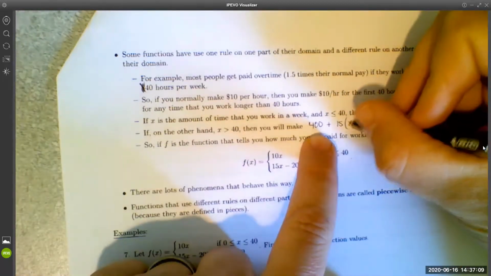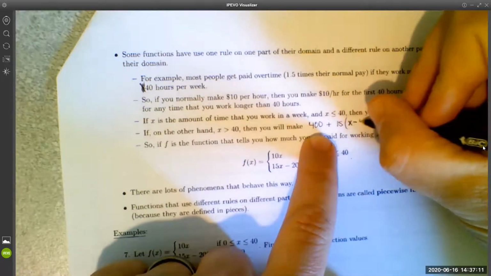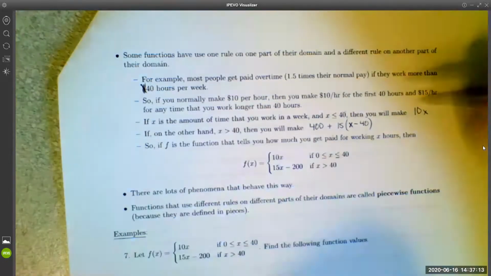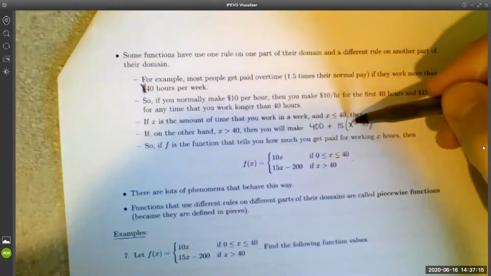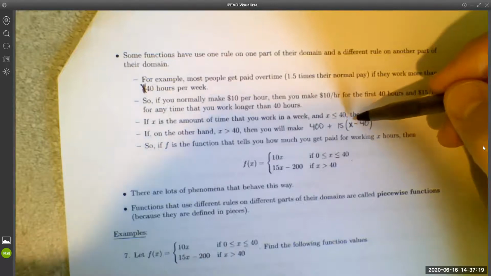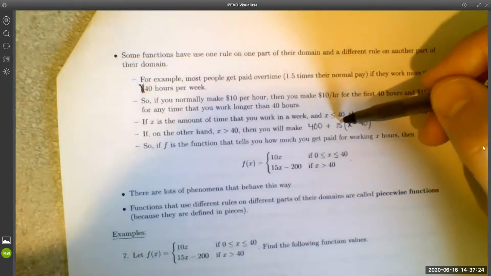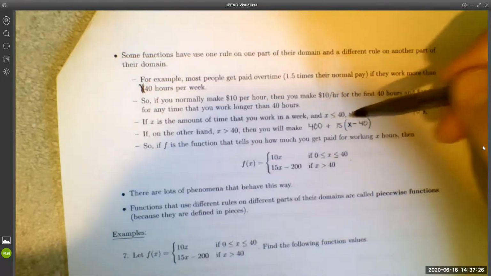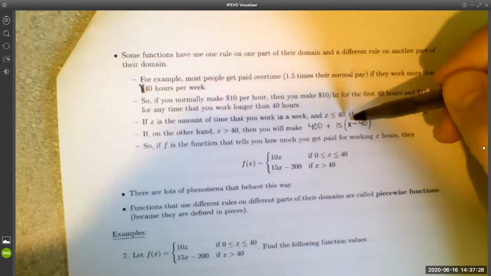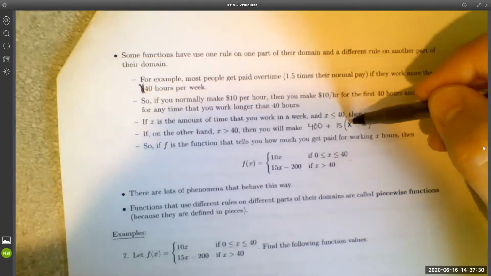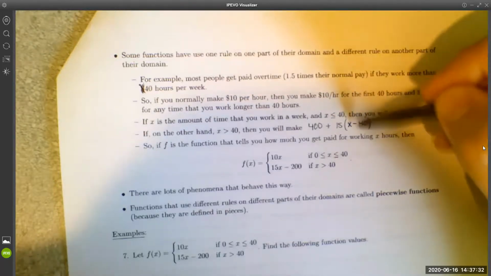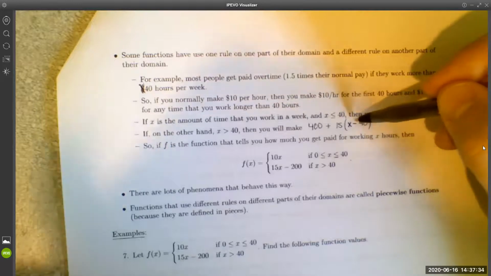So I'm going to say x minus 40, right? Because let's say that you work 41 hours. So x would be 41, right? But you don't get paid $15 an hour for 41 hours. You only get paid $15 an hour for that last hour you worked. So it would be 41 minus 40 is 1 hour. So you get $15 an hour for the last hour that you worked.